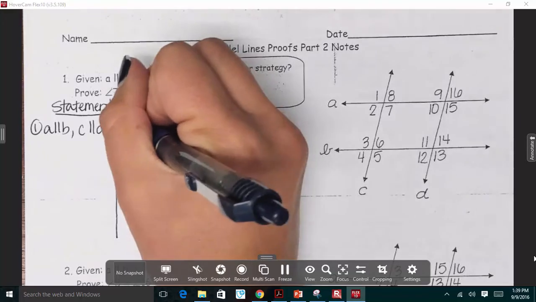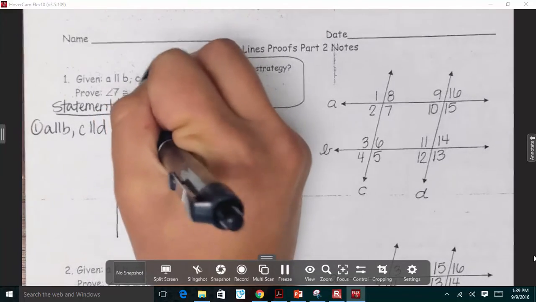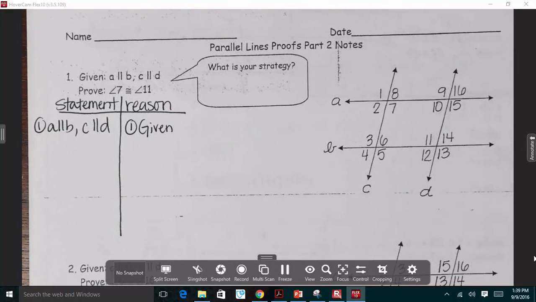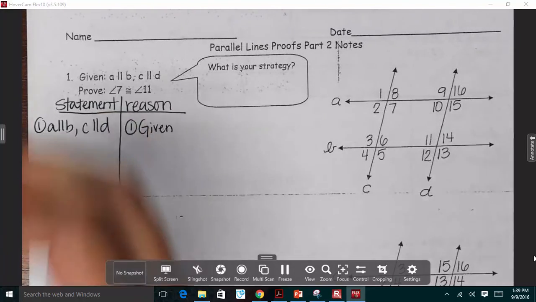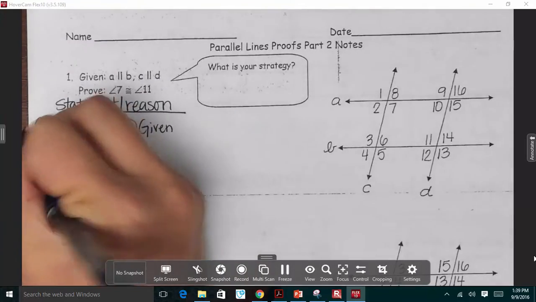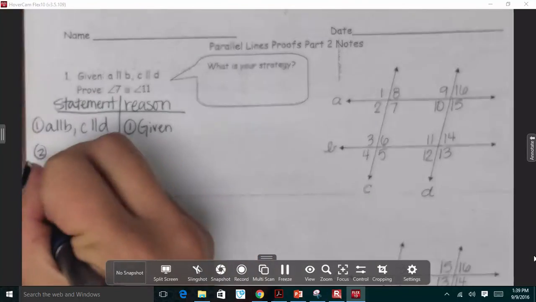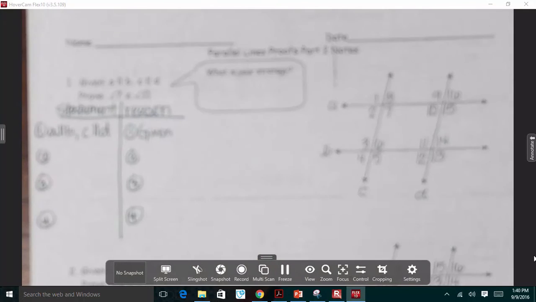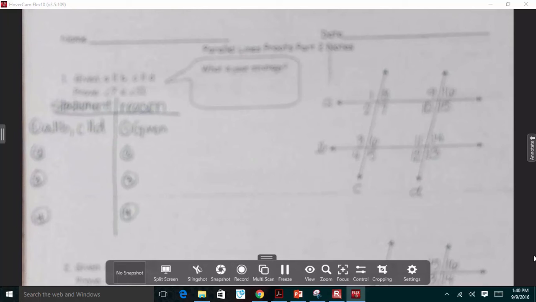It's given. Okay, and then we can go ahead and do 2 on both of them, 3 on both of them, and 4 on both of them. Okay, and 4 would be what? Angle 7 is congruent to angle 11.